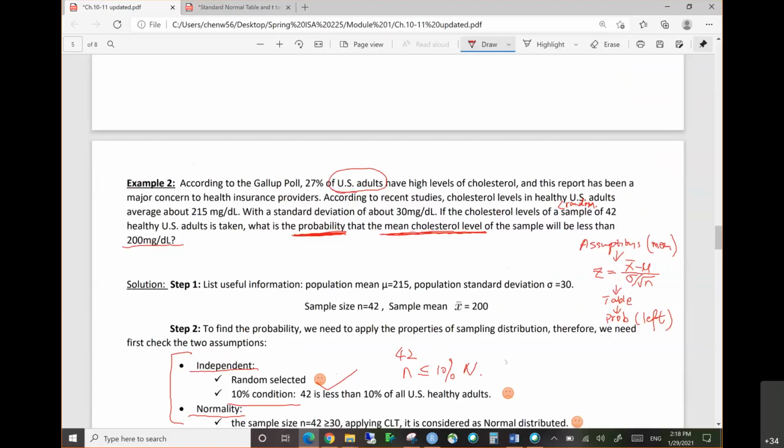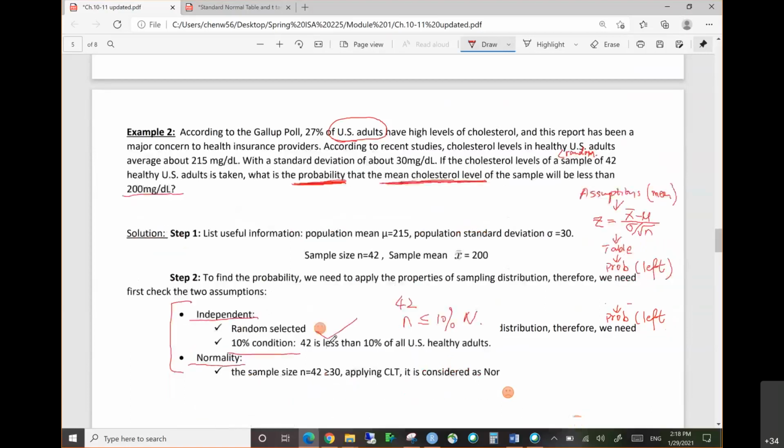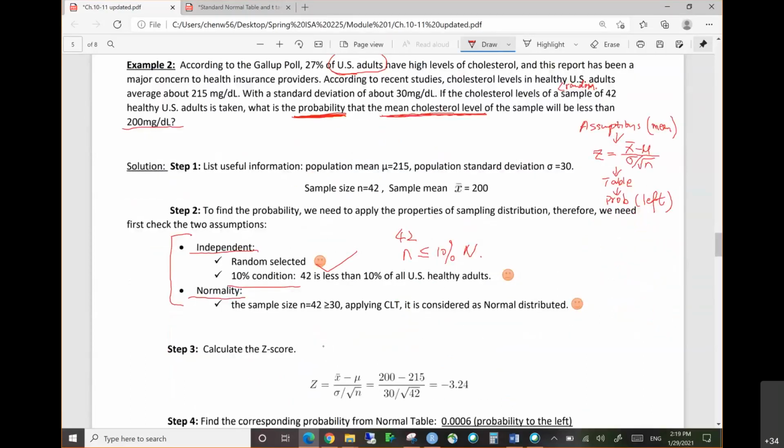This population size is very, very large. So 10% of this very large number is, of course, larger than 42. So we can still check this assumption because 42 is less than 10% of all United States healthy adults. So the independent assumption is checked.